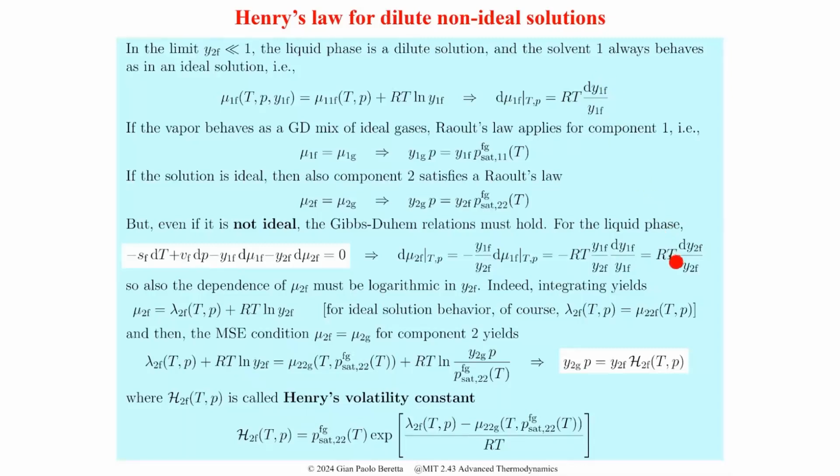So you get that also the chemical potential of the second substance in the liquid solution behaves logarithmically with the composition. So for the ideal solution, this is a logarithmic dependence, and here you have the pure substance, so the constant here is the pure substance.